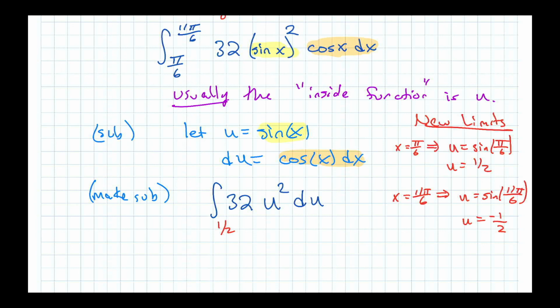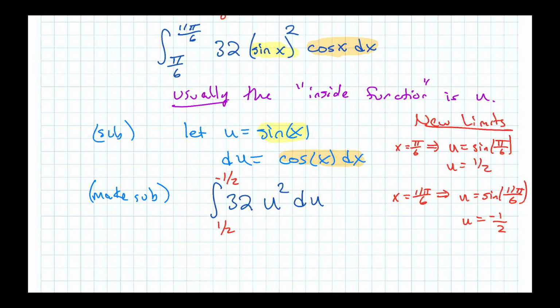Sine of 11 pi over 6 is negative 1/2. And so that's your top limit. Now be careful here to get these in the right place, right? This was the bottom limit, so that's the bottom limit. This is the top limit, so this is the top limit. And over here, it looks weird to have the negative number up top, but that's just the way this one came up. It's perfectly valid.